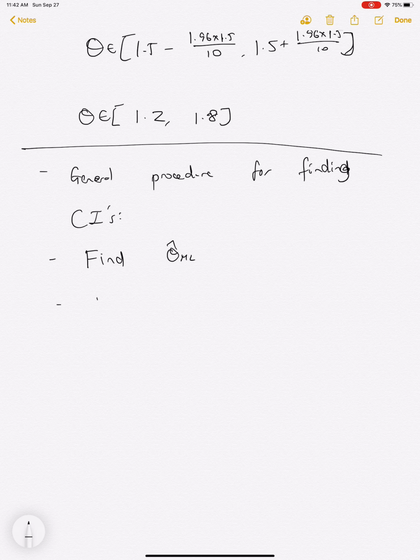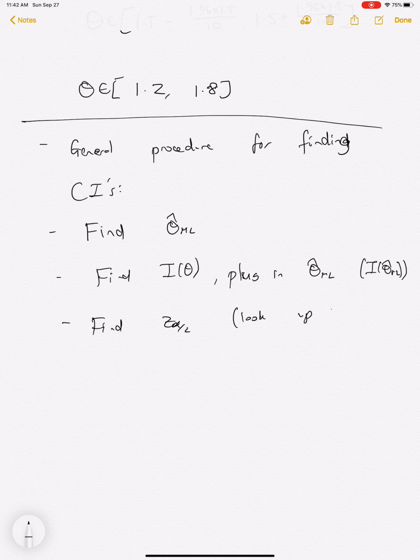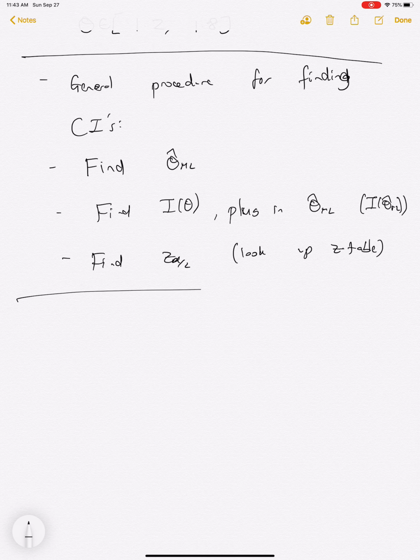Then we need to find I of theta, and then plug in theta hat ml to get I of theta hat ml. And then you just need to find z alpha over 2, which you just look up in a z table. And so we have this very general procedure that not only gives us a point estimate, but also some confidence intervals.